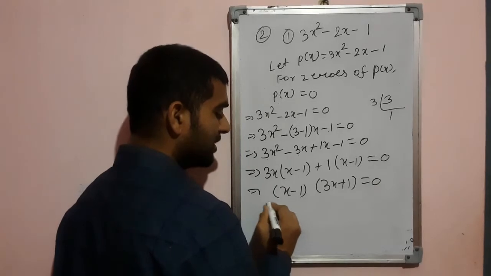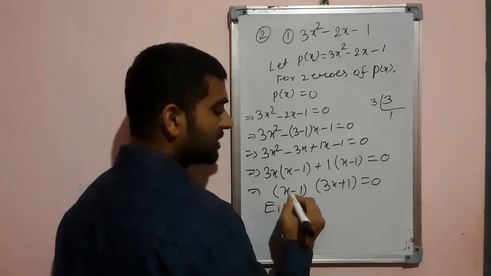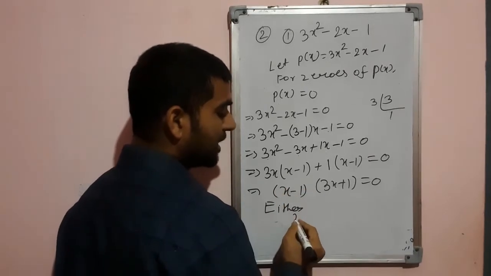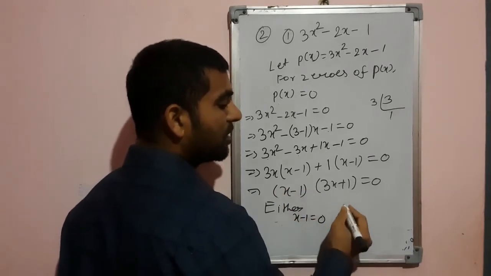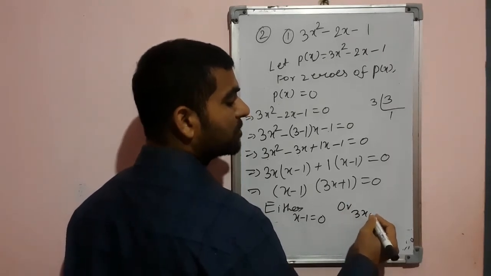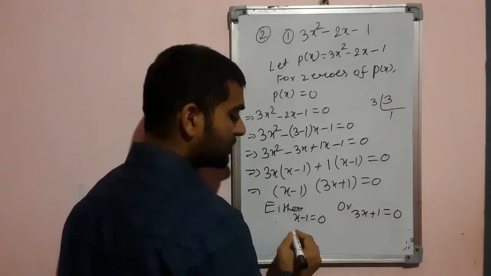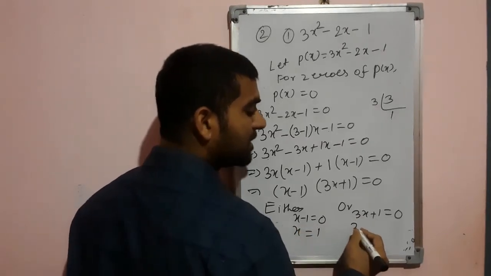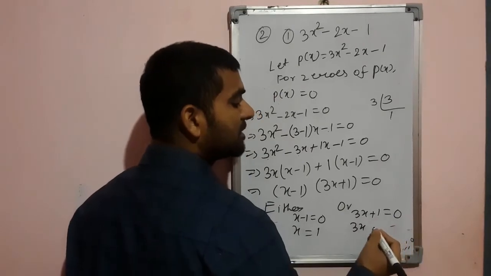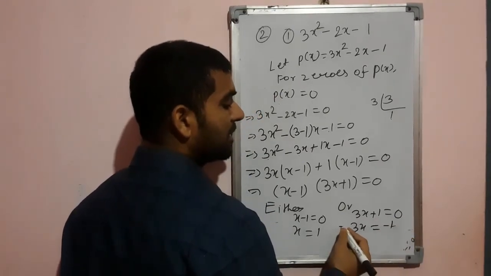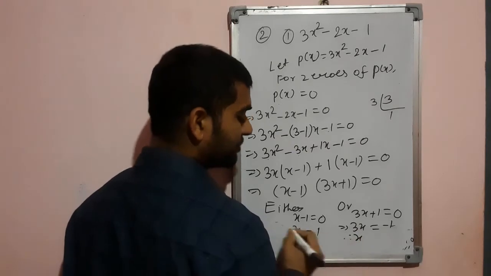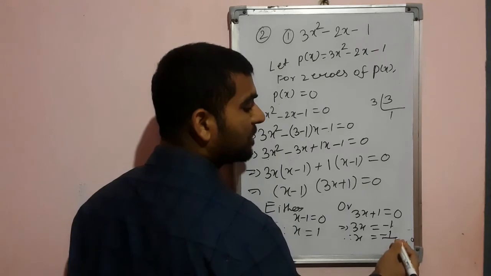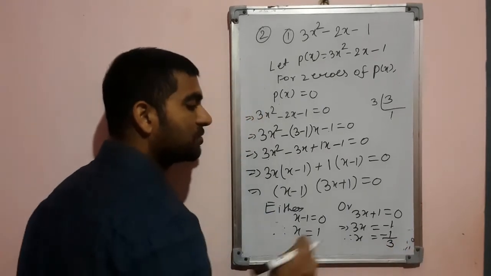Right? Either the first binomial x minus 1 equal to 0, or 3x plus 1 equal to 0. So x will be how much? Minus 1 will go to that side, it will be plus 1. Here we will get 3x equal to minus 1. Next step, x equals minus 1 by 3, because 3 is multiplying, so it will go to that side and divide.